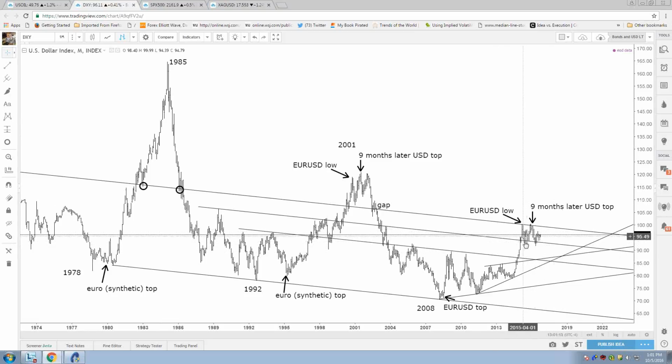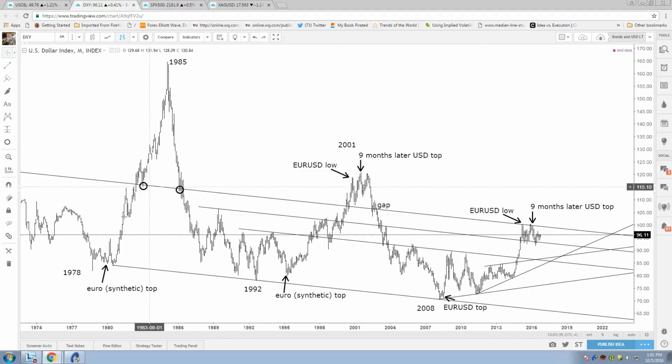Here was the euro low back in March 2015. Last December, the euro did not make a new low below the March 2015 low. The ICE dollar index poked to a new high, barely.